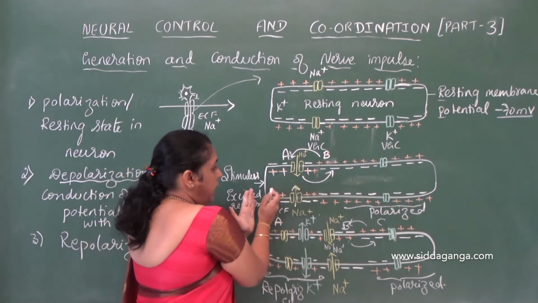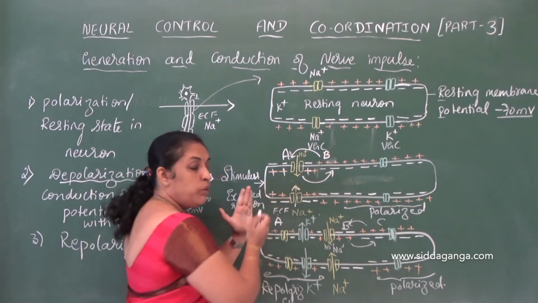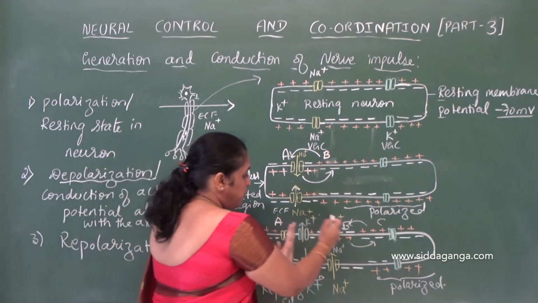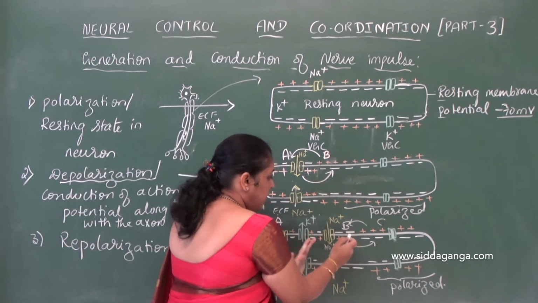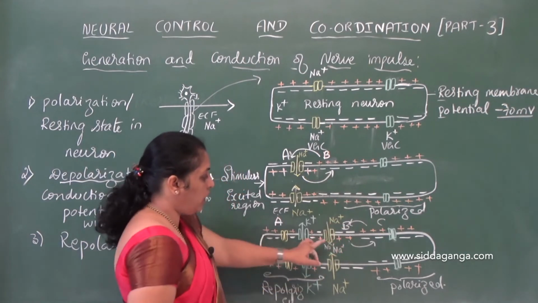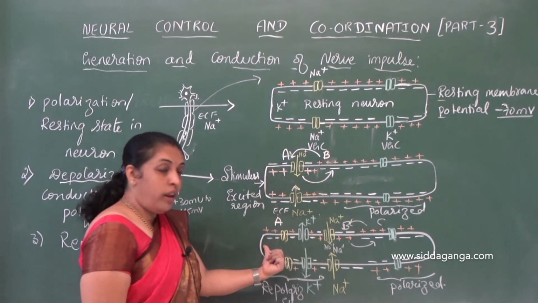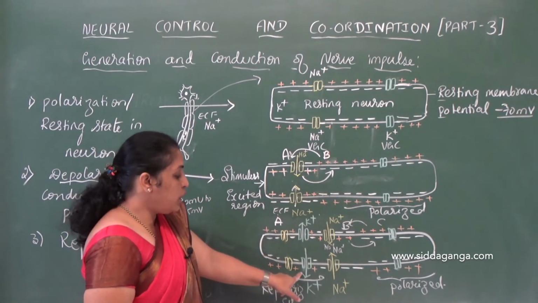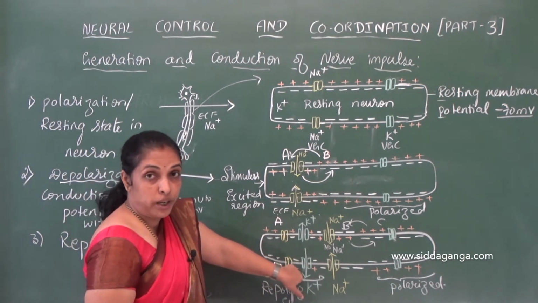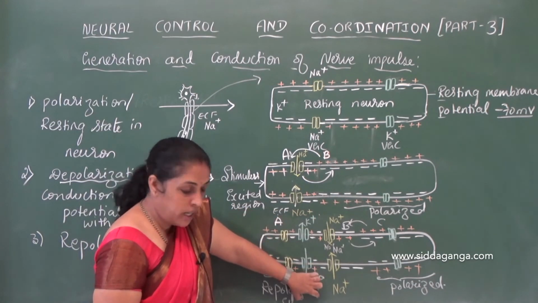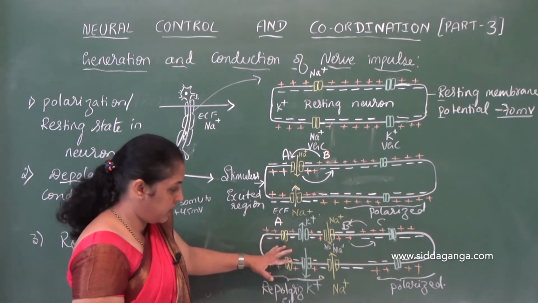So the previous area will become repolarized state. When it shifts to B, in that again we see opening of sodium gated channels. In the repolarized state, we see opening of potassium gated channels. So efflux of potassium takes place in the repolarized state.